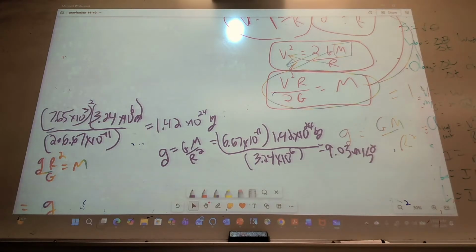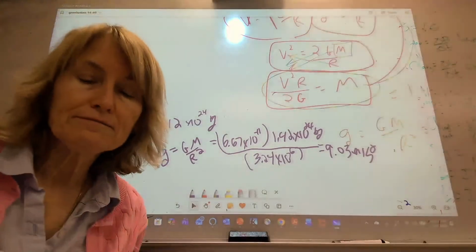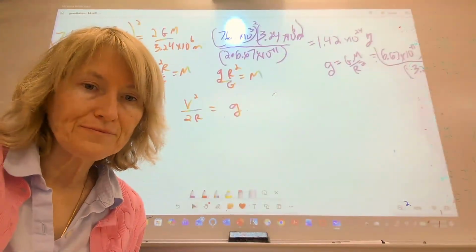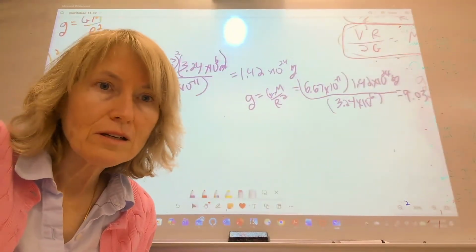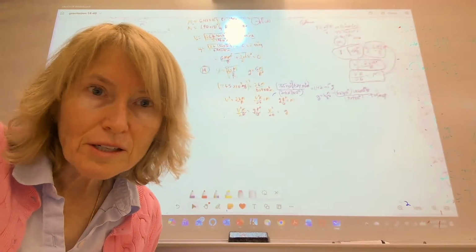Okay, so yesterday we talked about circular orbit. We had our two equations to work with.